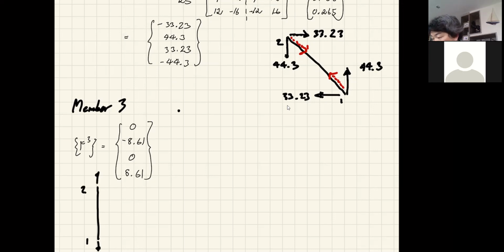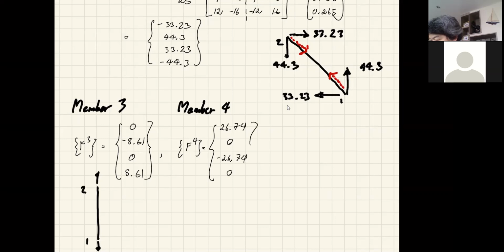And then we can go on to member number 4, which is the horizontal member. So what do you expect? F4 should have only the first and the third component, correct? 26.74, 0, minus 26.74 and 0. And let's look at the orientation.